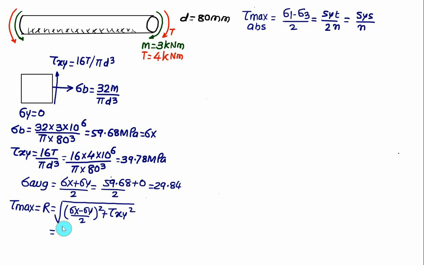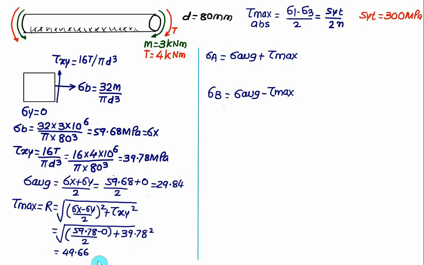That is the square root of (59.68 minus 0, divided by 2) squared plus 39.78 squared. So we get the value of tau max equal to 49.66 megapascal.